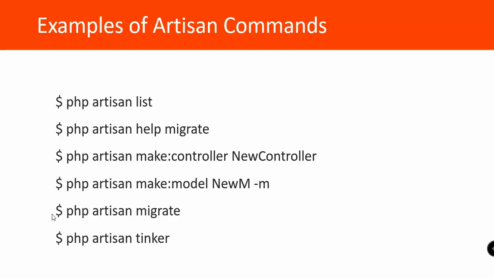And also we have php artisan migrate, and the last example here is artisan tinker. So all of these commands, or some of these commands, we're going to use later in this tutorial series, and other commands that we probably need in our development process.